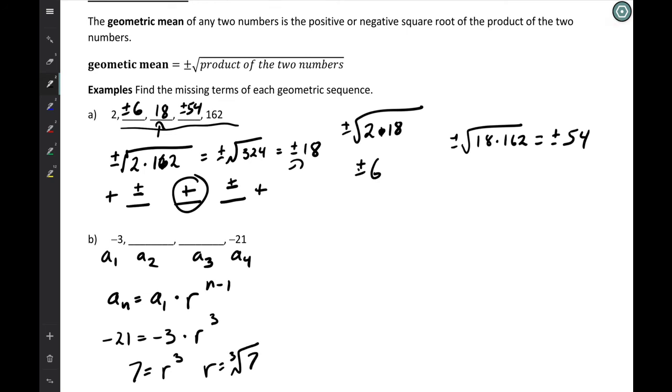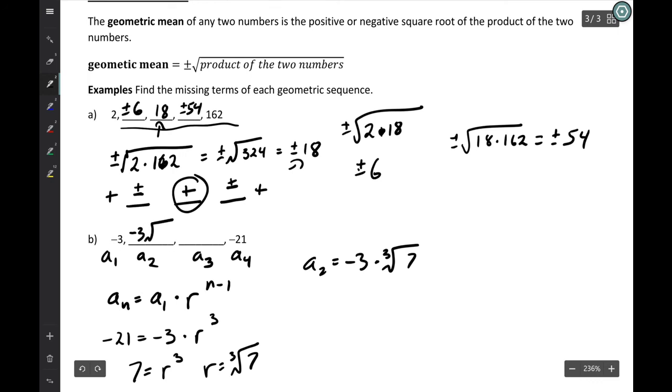And to get my next term, I'm just going to use my recursive definition. A sub 2 is going to be equal to the last term, negative 3, times the cubed root of 7. So this is negative 3 cubed roots of 7.